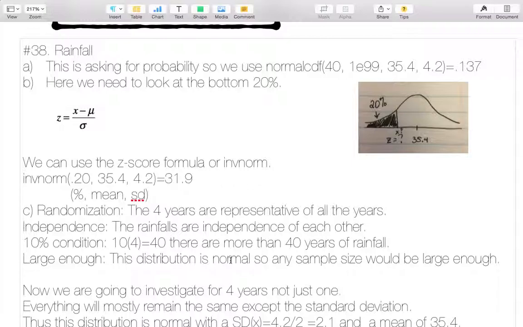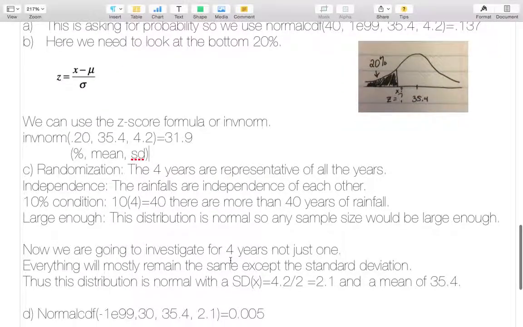Now, it asks us to describe this, so whenever you describe a normal distribution, you want to talk about three things: shape, center, spread. Since we went through these assumptions and conditions, we can talk about shape being normal. That's a lot more specific than just telling you it's bell-shaped and symmetric or single-peaked. We can say that it's normal with the standard deviation of 2.1.